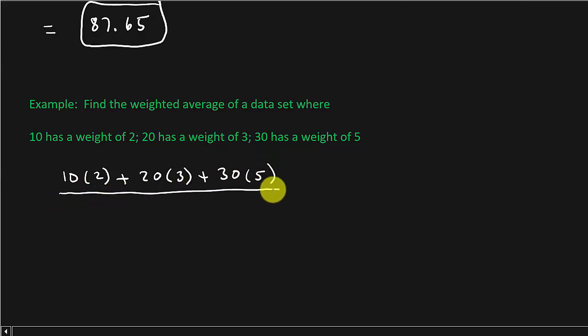And that's going to be divided by, see, this is your x times w plus x times w plus x times w. And then divided by the sum of the weights. See, there's your weights right there. So that's 2 plus 3 plus 5. And this ends up being 23.